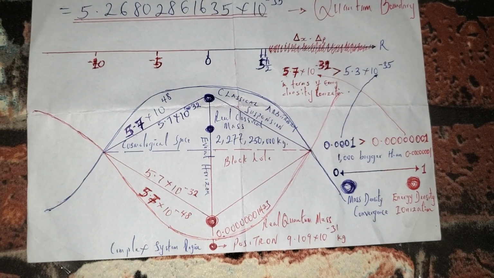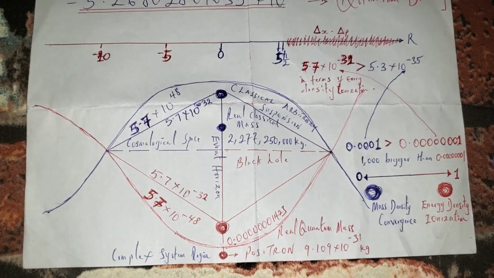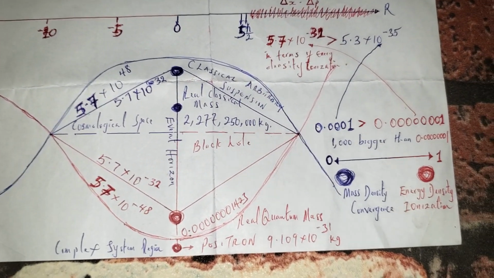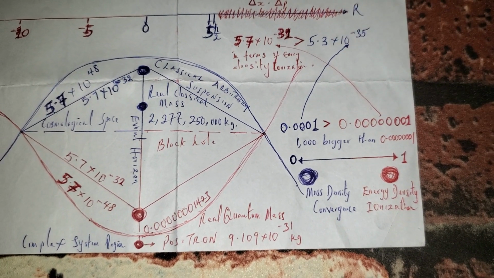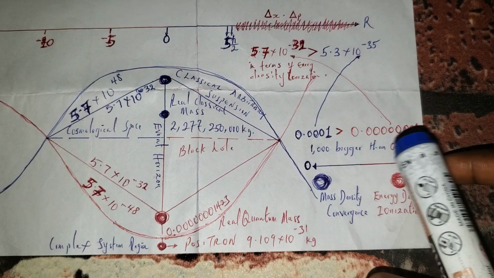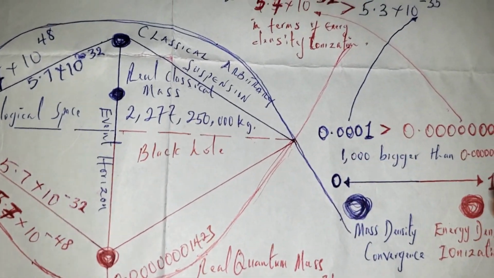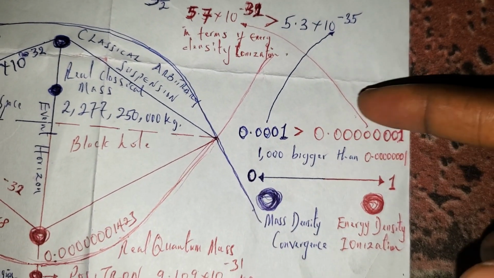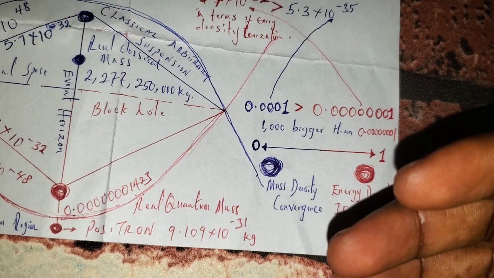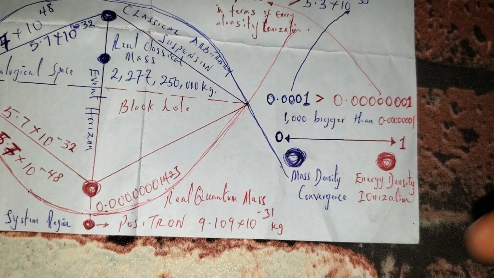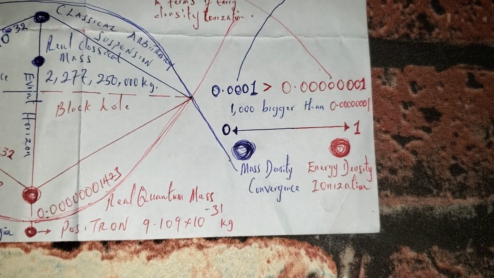So that is that. Then another thing I want you to understand is that when you look at the standard formation of power of negative value, you see that, for instance, this particular value is 1000 bigger than this particular value, and that means that as you are moving towards the zero, we have mass density convergence, which means that the value is bigger.